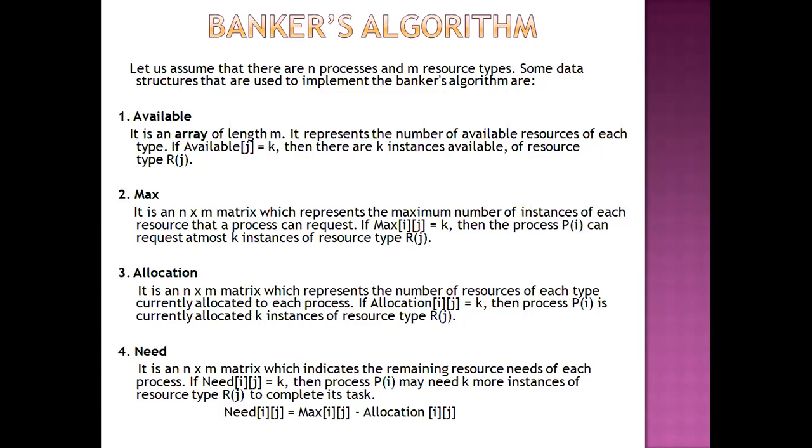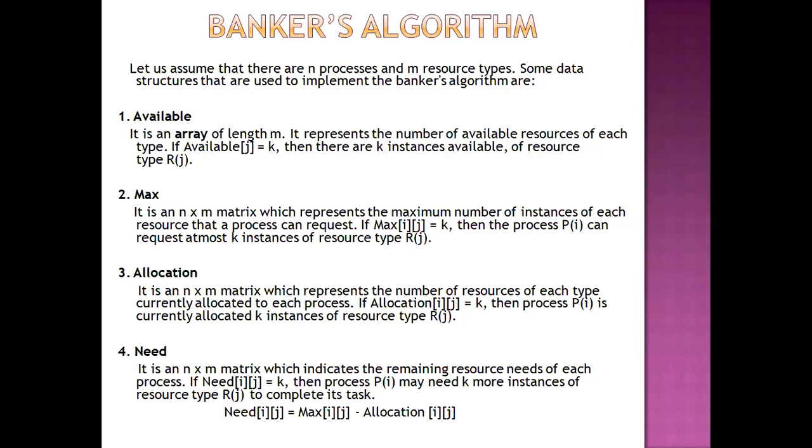Third is allocation. It is also an n cross m matrix which represents the number of resources of each type currently allocated to each process. If allocation[i][j] is equal to k, then process Pi is currently allocated k instances of resource type Rj. The fourth matrix is need. It is an n cross m matrix which indicates the remaining resource needs of each process.